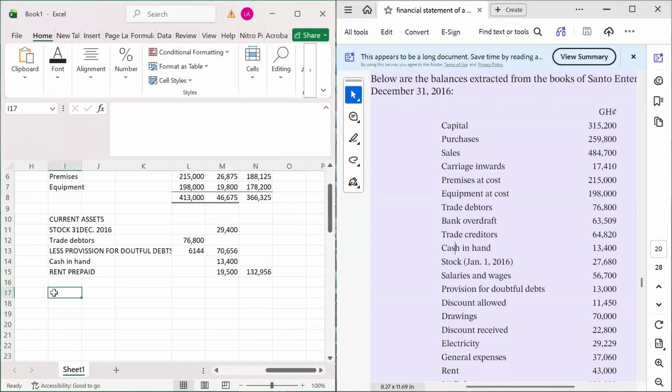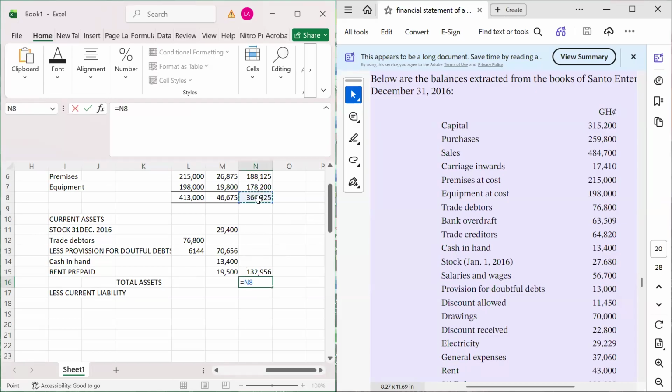Now you come to current liability. The current liability, you less it. Let's add this to give us our total asset. Total. So that we will not forget, total asset is there.